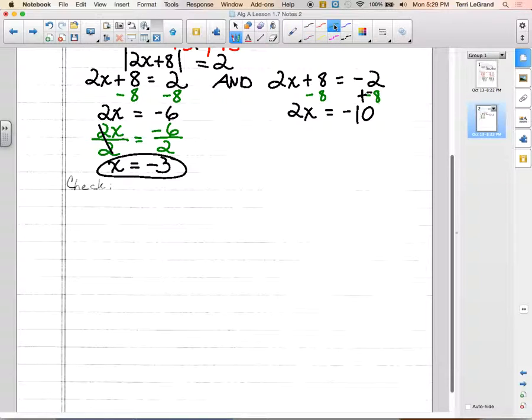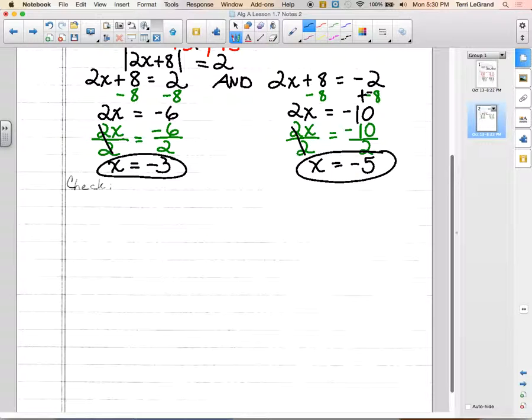Now we're going to undo that multiplying by 2, so we need to divide both sides by 2. And we'll have our other solution. A negative divided by a positive is a negative. 10 divided by 2 is 5. So we have our second solution, which is x equals negative 5.